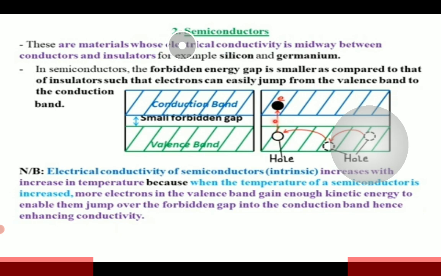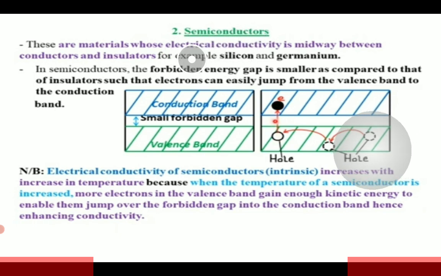So what are semiconductors? Define semiconductors. Definition: semiconductors are materials whose electrical conductivity is midway between conductors and insulators. Materials which are partially good conductors and partially bad conductors are called semiconductors.